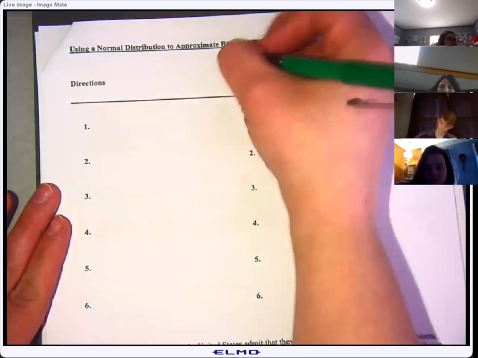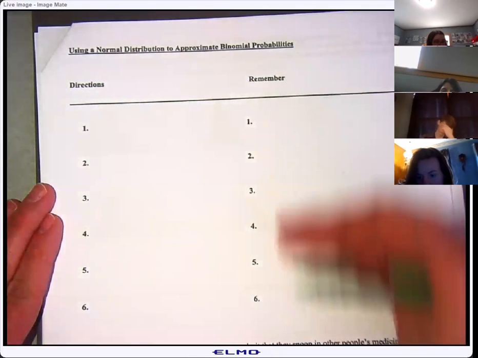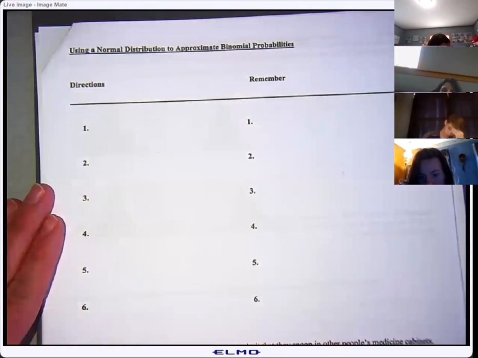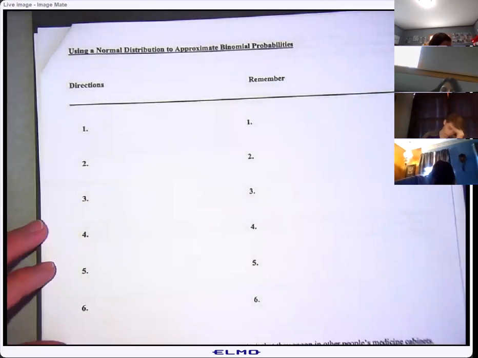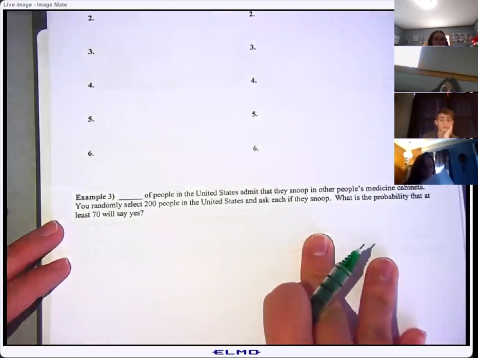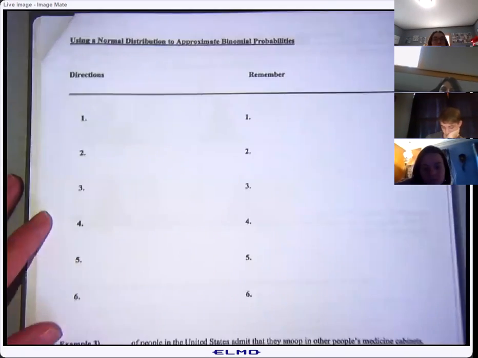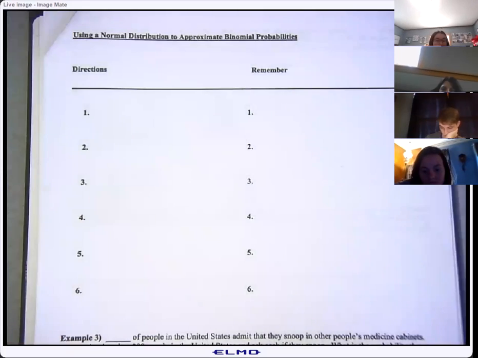On one side, I'm going to write directions, exactly how-to directions that you can follow. On this side, I'm going to write tips: hey, remember this, don't forget that, this is important. And down here on example 3, we're going to do an example at the exact same time, and I'm going to label it as we go. We're going to take these notes very carefully and very slowly to make sure that everybody feels comfortable.